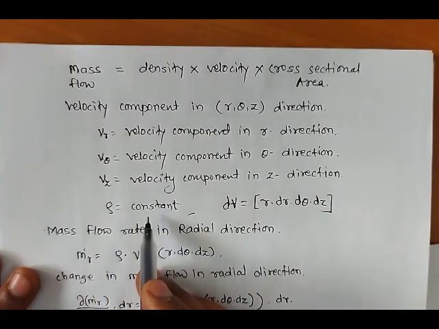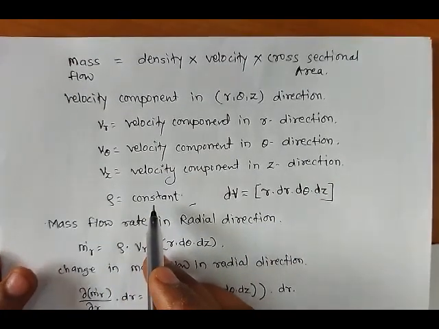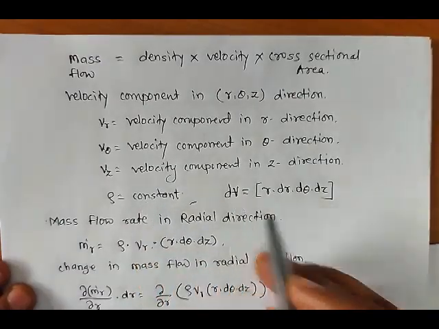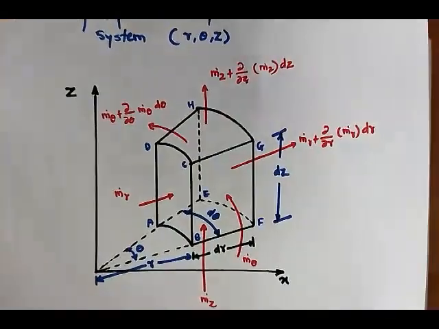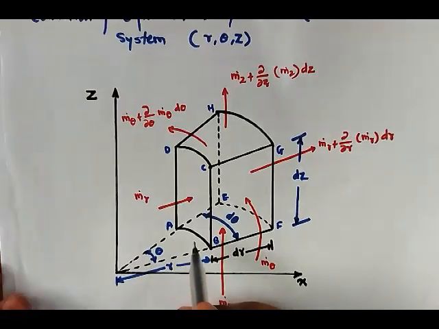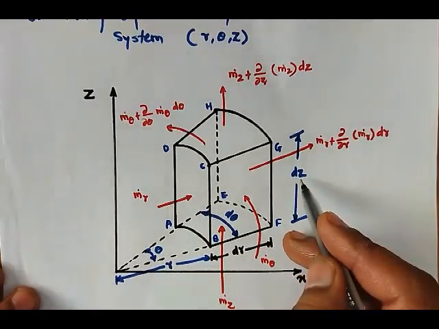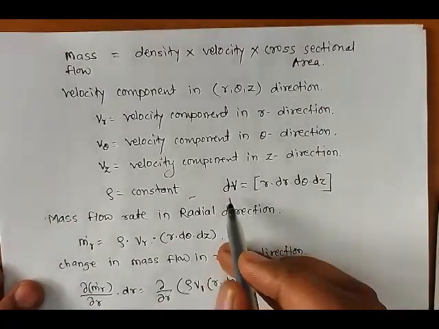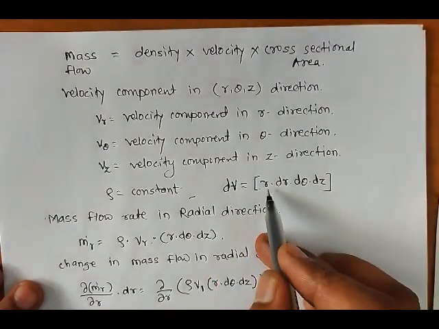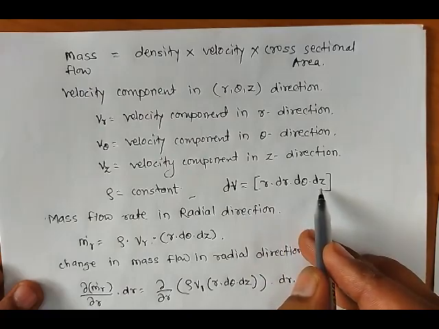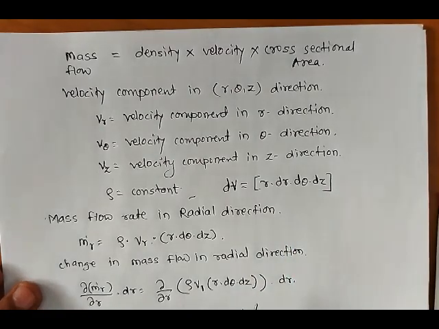Rho, the density of this fluid, is considered constant. The volume of the element is r dr d theta multiplied by dz.